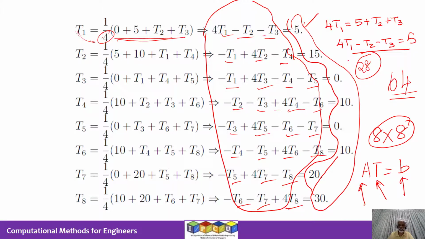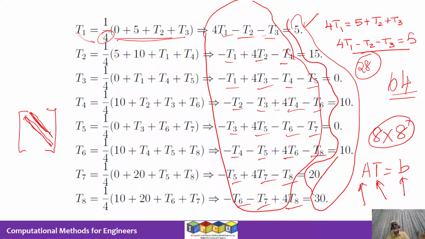And on top of that, what we also have is that this A matrix is going to have what is called a tridiagonal structure. So the main diagonal will be non-zeros. In fact, it will be 4. And then one thing on top, you have something called a super diagonal, which is above the main diagonal.